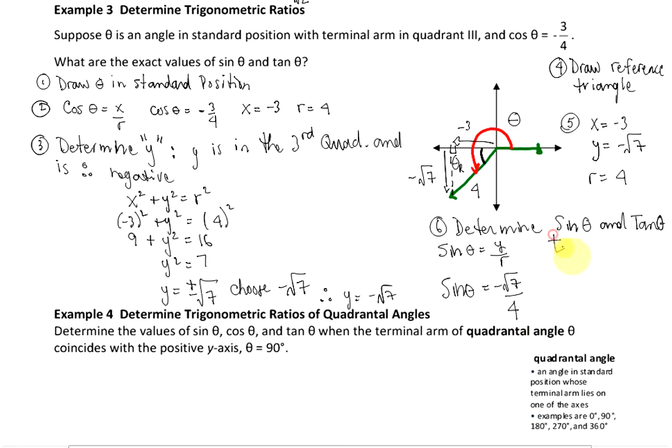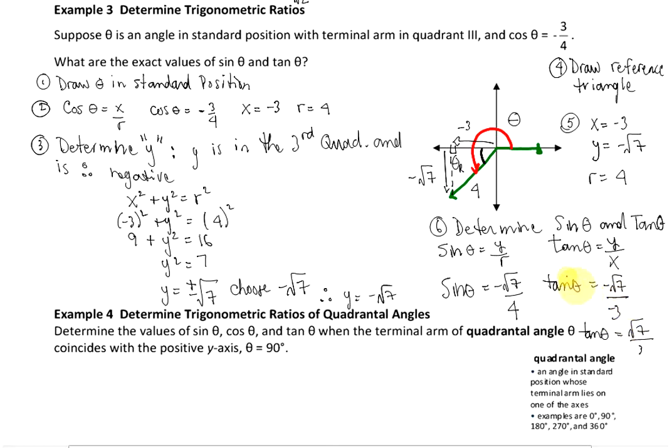And we know that tan of theta is y over x. And so tan of theta is going to be equal to negative root of 7 over negative 3. And so we know that tan of theta is equal to the positive square root of 7 over positive 3, because a negative divided by negative is a positive.